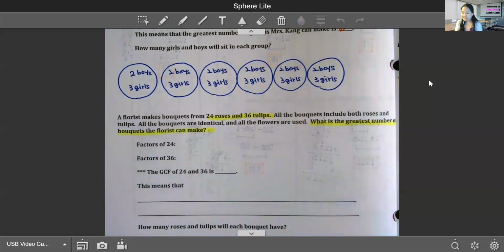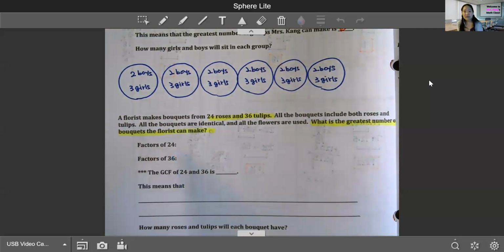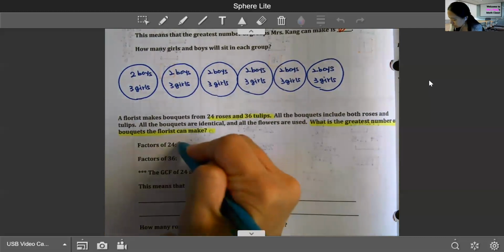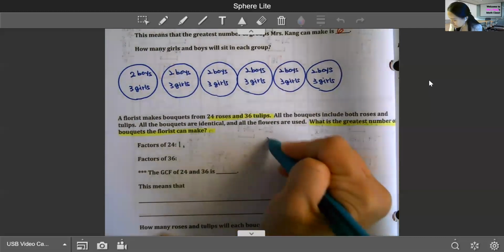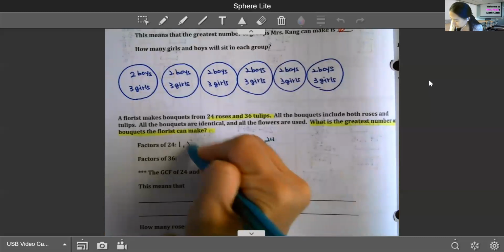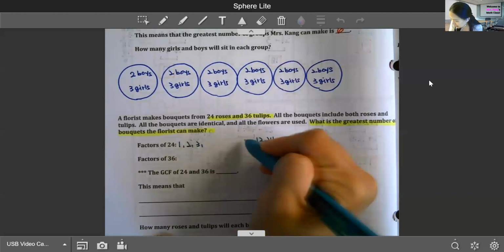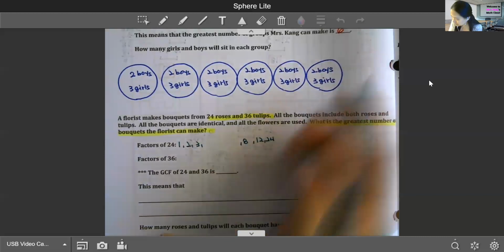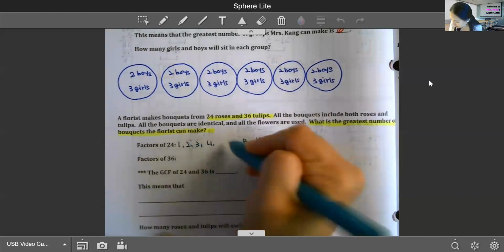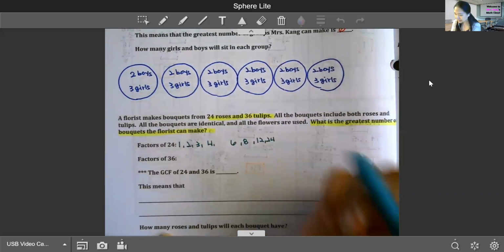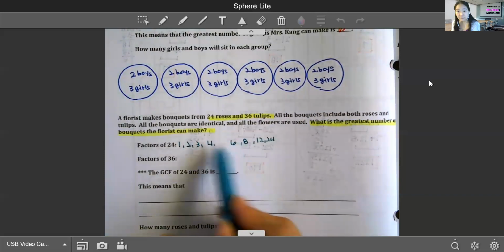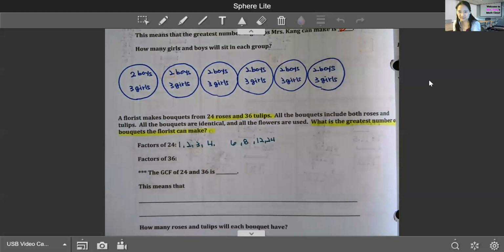So I'm going to use that same strategy, factors of 24 roses and factors of 36 tulips. So 1 and 24, 2 times 12, 3 times 8, so 3 and 8, 4 times 6, 5, no, and then 6 times 4, so I got all the factors.